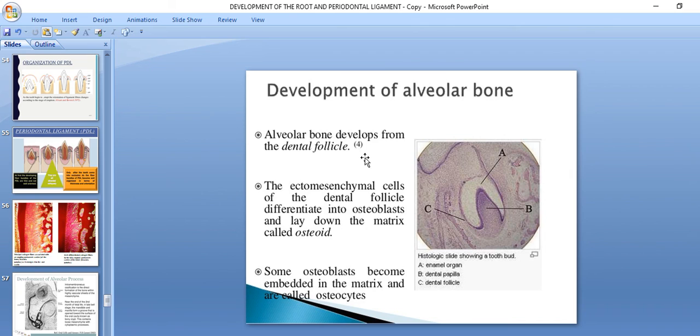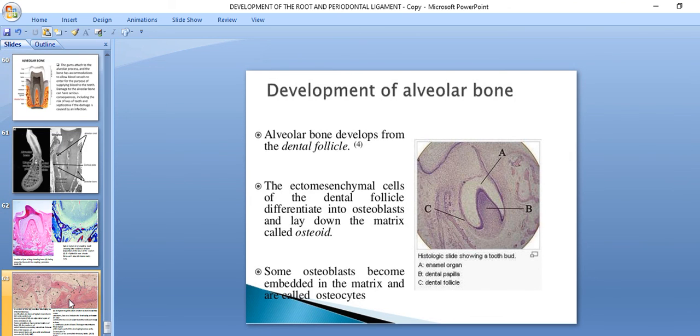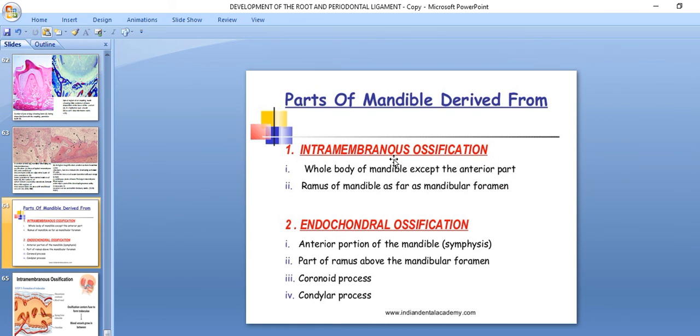The next, the alveolar bone develops from the dental follicle, and the mandible and the maxilla develop intramembranously. There are two ways of ossification: intramembranous ossification and endochondral ossification. The whole body of the mandible except the anterior part undergoes intramembranous ossification, and the ramus of the mandible as far as the mandibular foramen also.